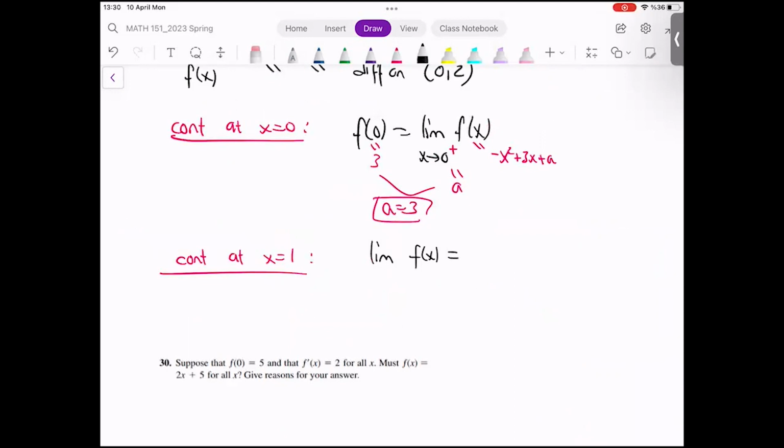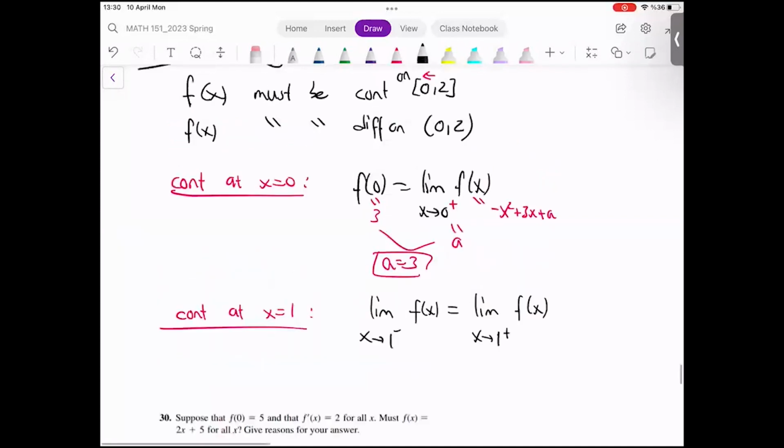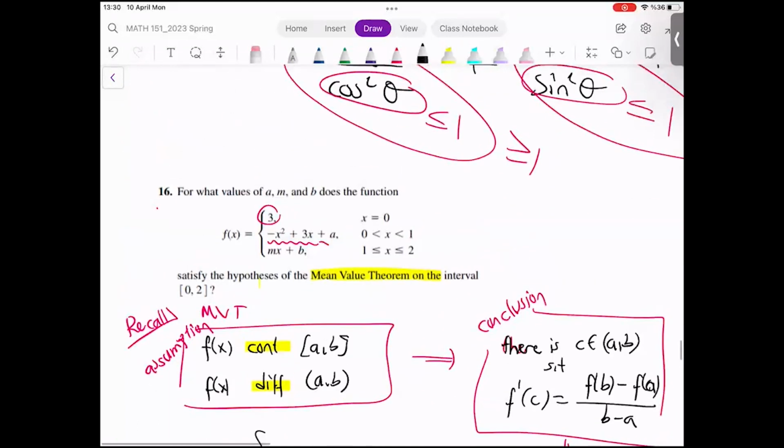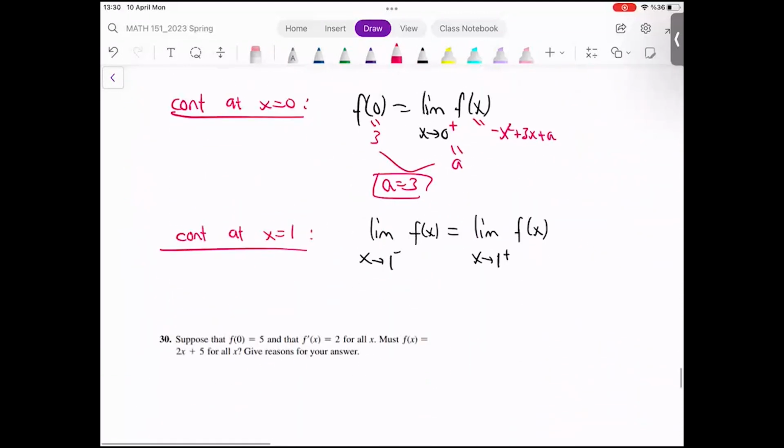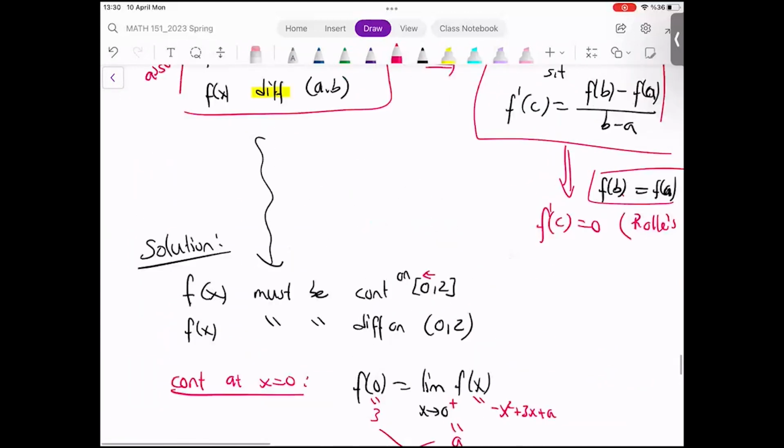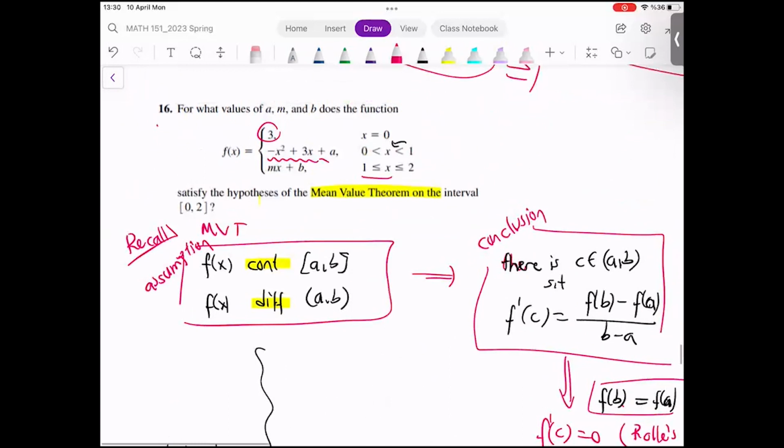So we check the limit as x goes to 1 from the left and as x goes to 1 from the right. From the left, as x is less than 1, you will use minus x squared plus 3x plus a. From the right, where x is bigger than 1, this time we will use mx plus b.